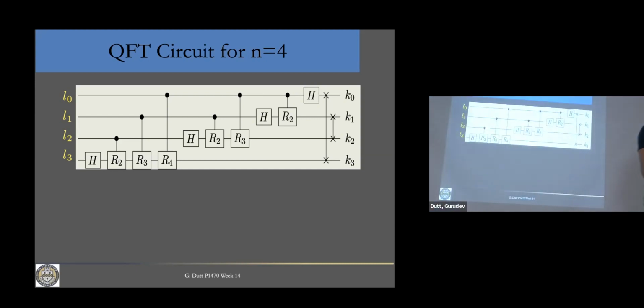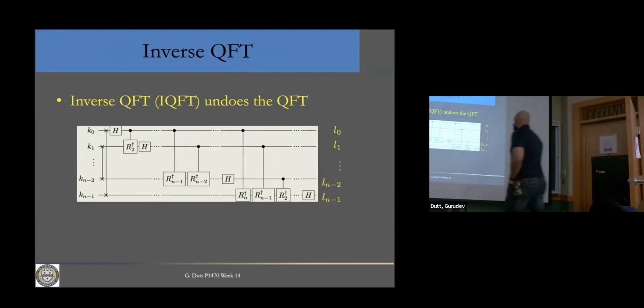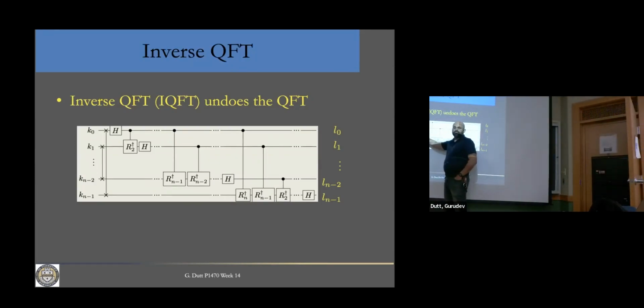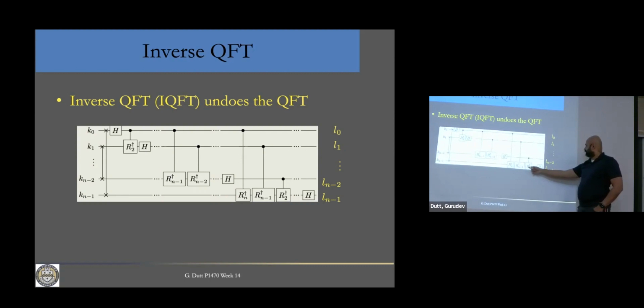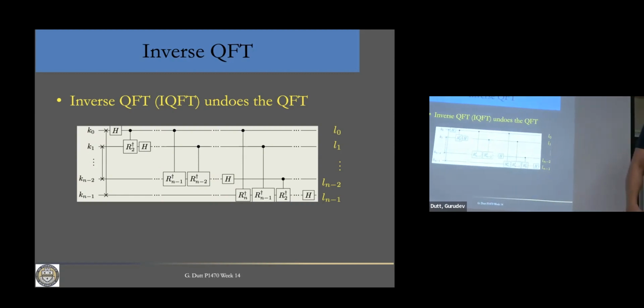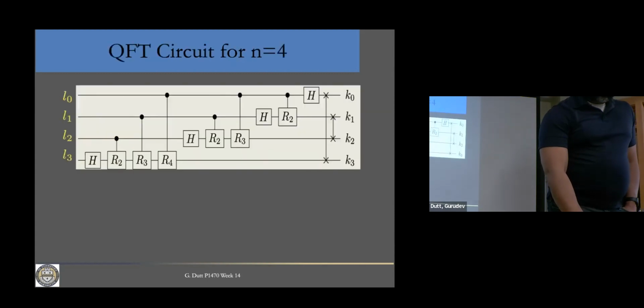That does exactly this circuit over here. You see, I reversed the R2 over here and got a dagger and then H. And then the last line, as you can see, is Rn dagger, Rn minus 1 dagger, up to R2 dagger, and then H. So that's taking this and just undoing that, basically.